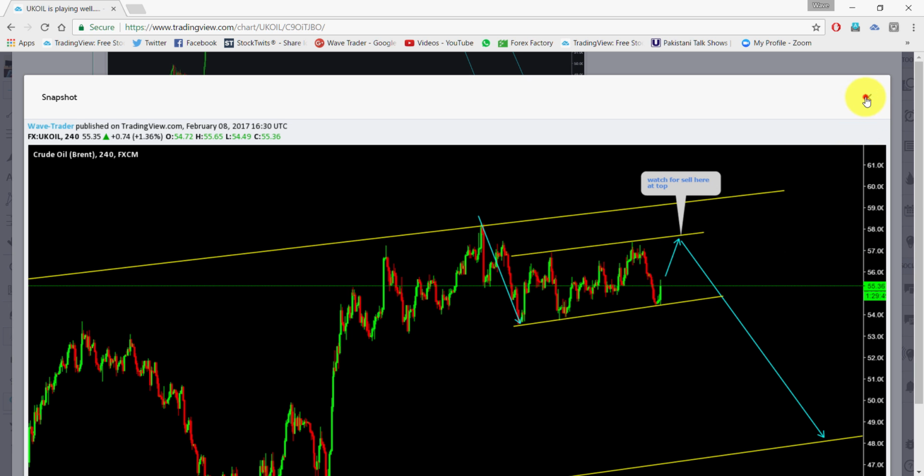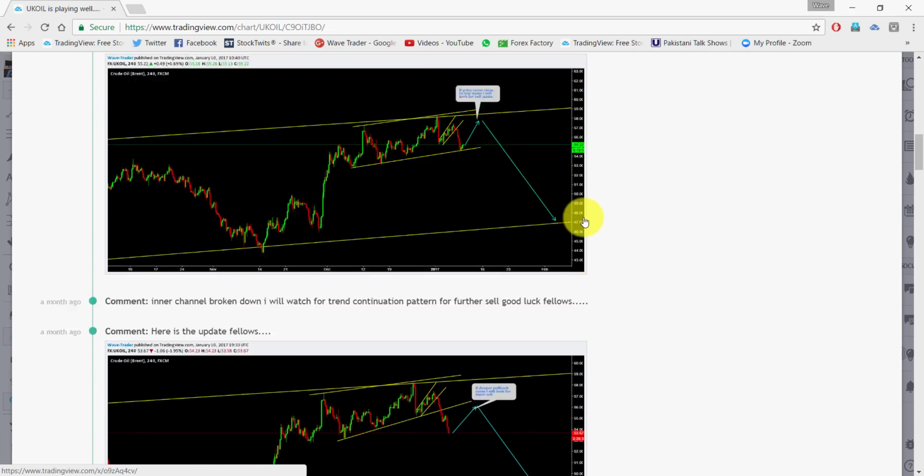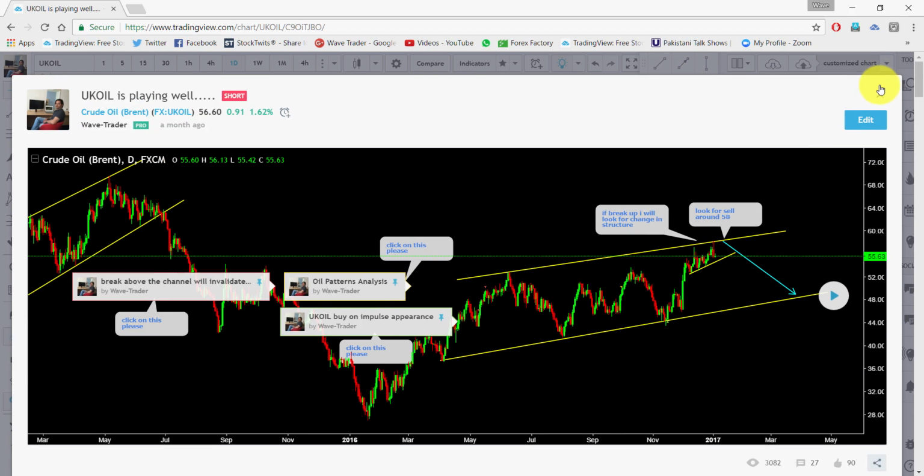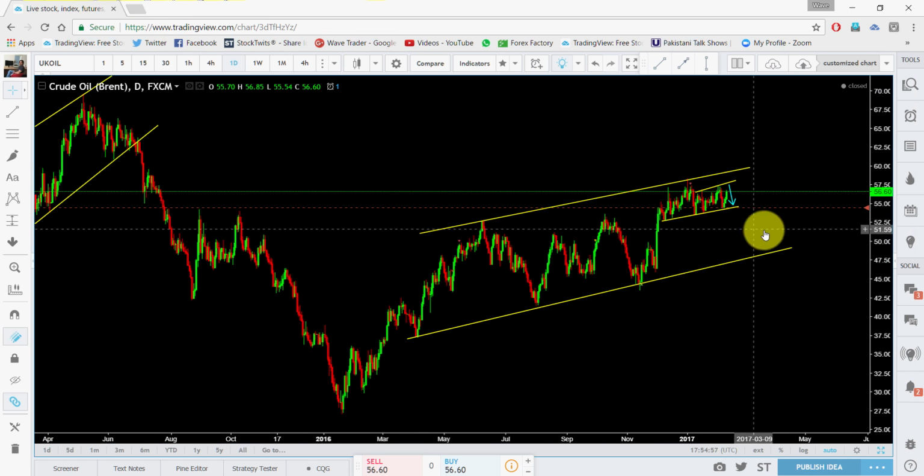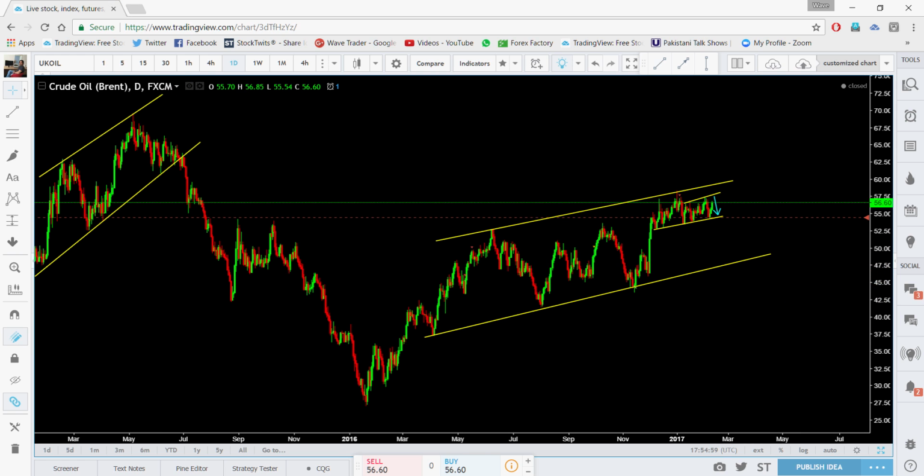On oil, the upside is less likely. I'm not anticipating continuation to the upside here, although it is possible because the formation is continuation.